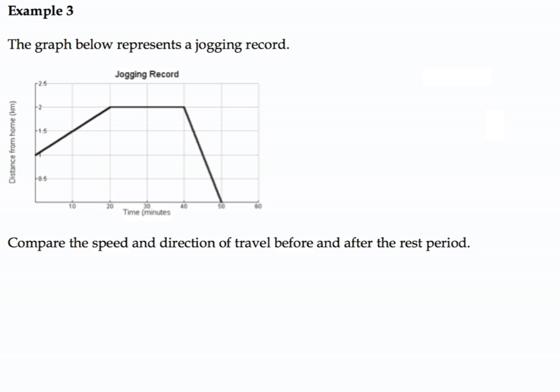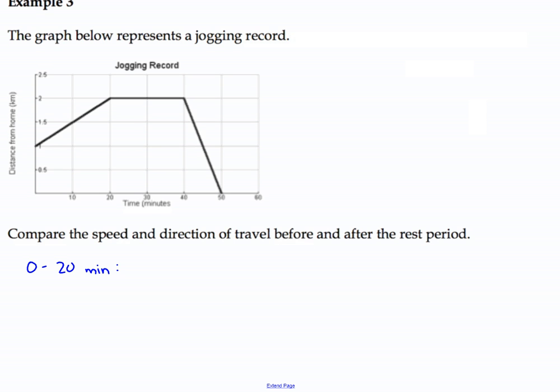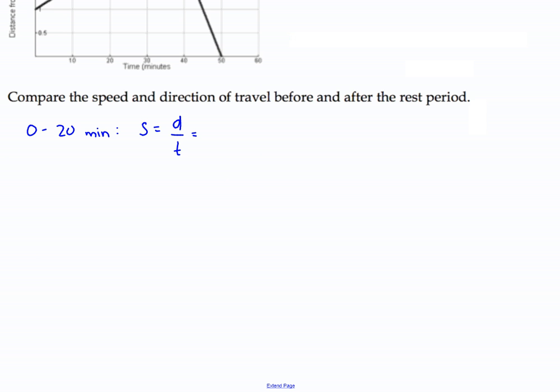So let's talk about from 0 to 20 minutes. How could we find his speed? Speed is distance over time. And this is a very basic formula that we're using, assuming that our speed is constant.